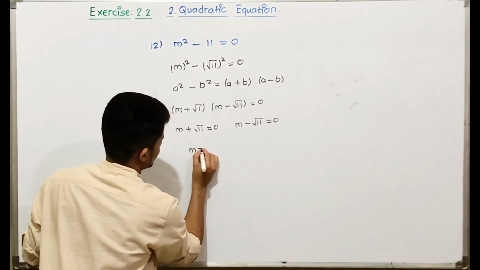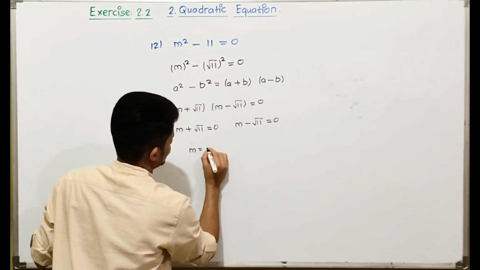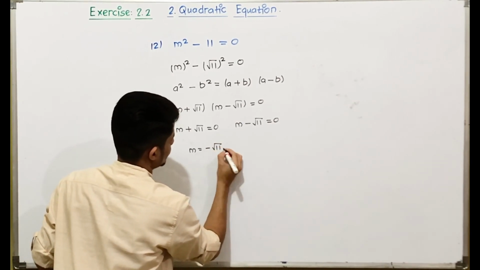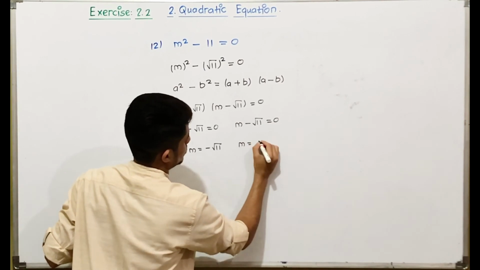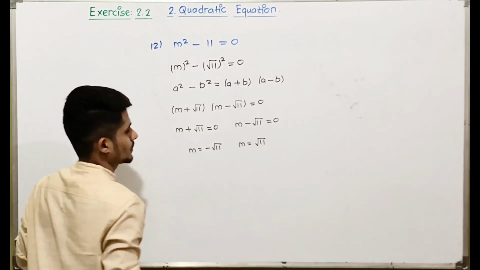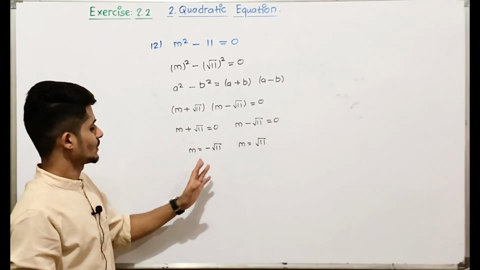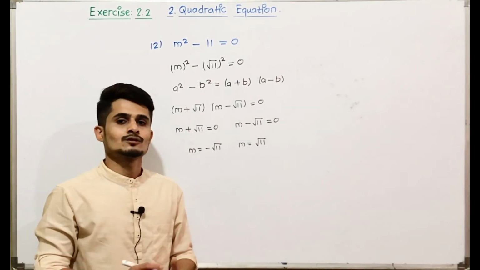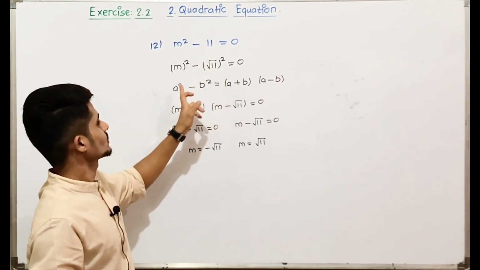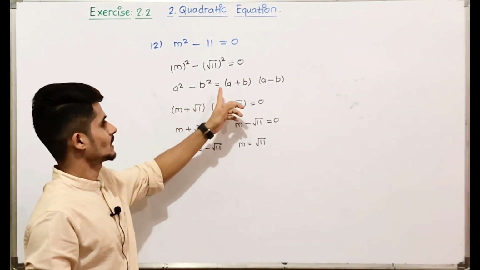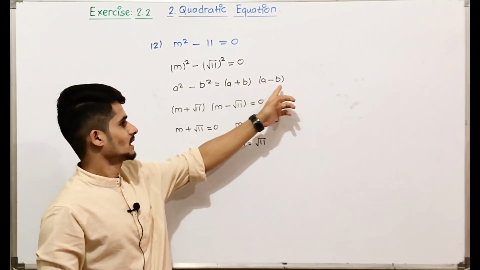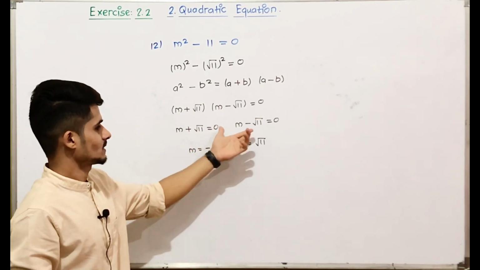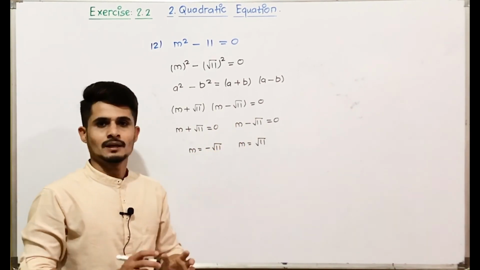So m is equal to plus root 11 goes there, minus root 11, and m is equal to minus root 11 goes there, plus root 11. So the value for m is minus root 11 and plus root 11. So again in this sum we will be using the a square minus b square formula, that is (a plus b)(a minus b). Equate it with 0 and find the value of m.